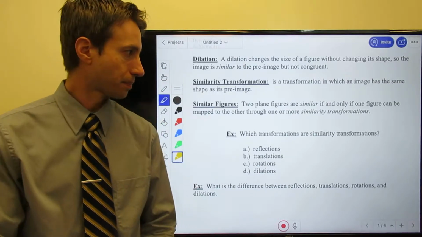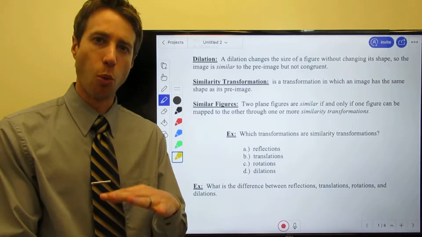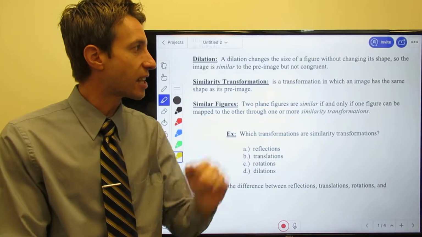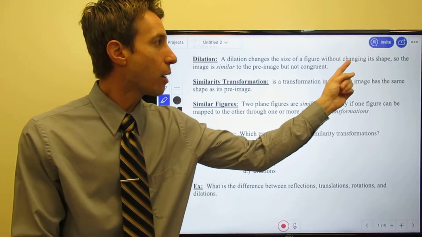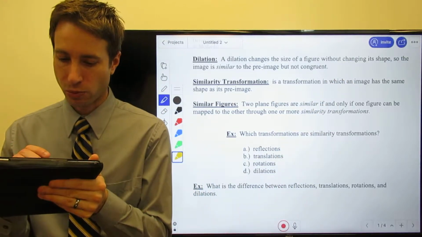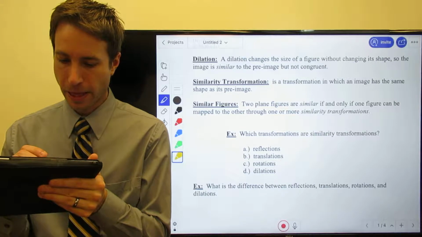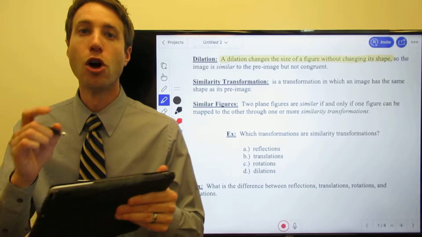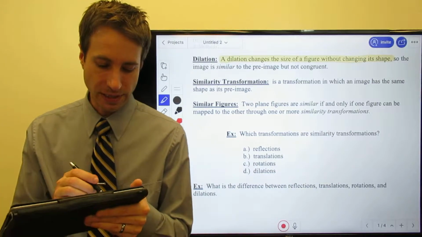Once again, let me remind you what a dilation does. A dilation is going to change the size of a figure without changing its shape. Really important: a dilation will change the size of a figure without changing its shape. Now we get to this idea of similarity.